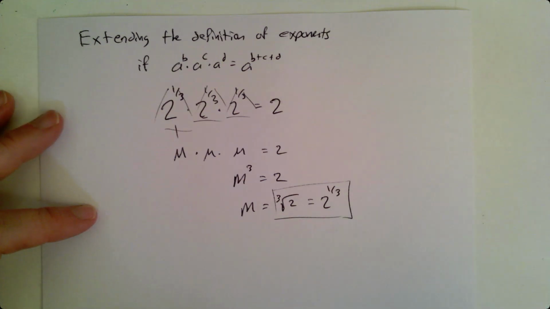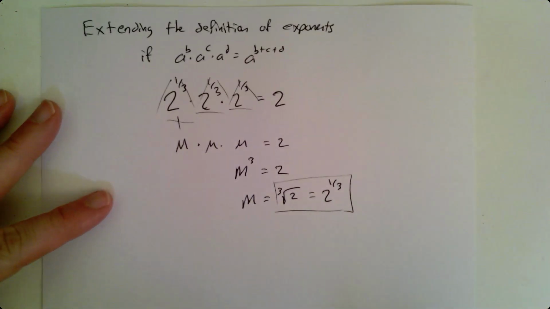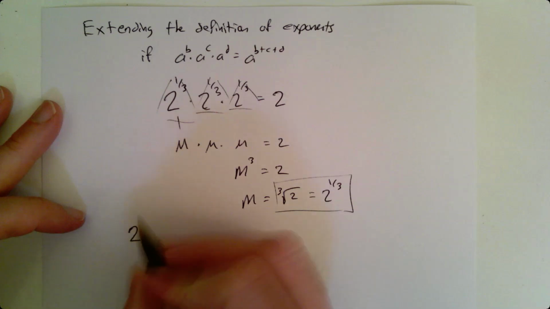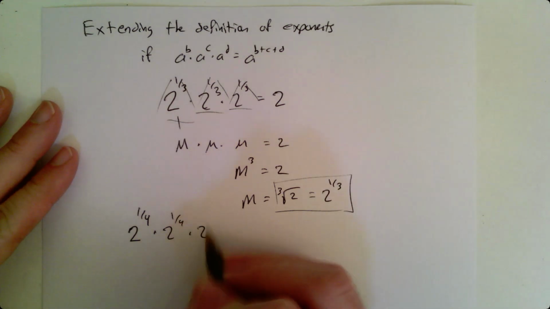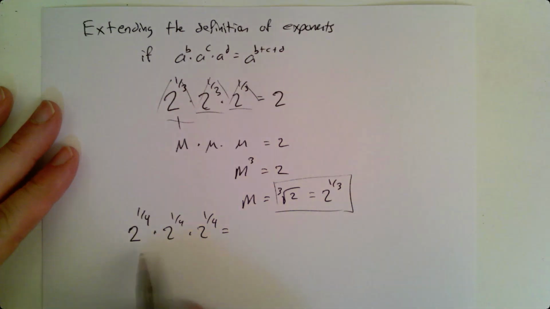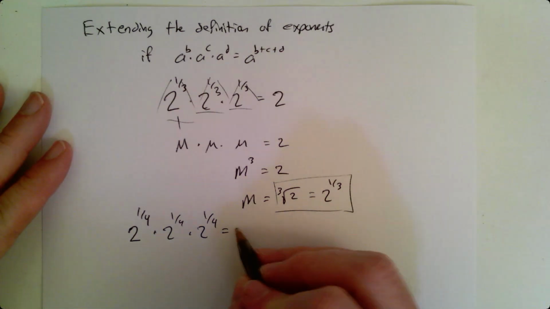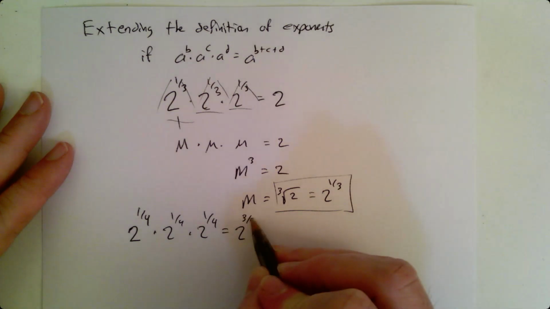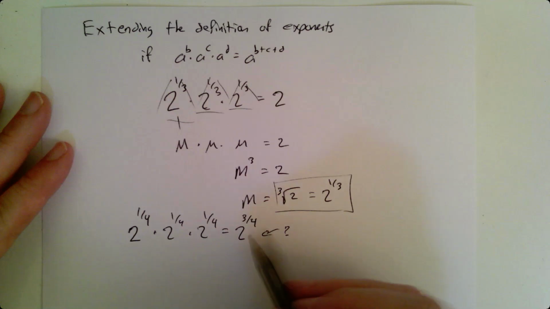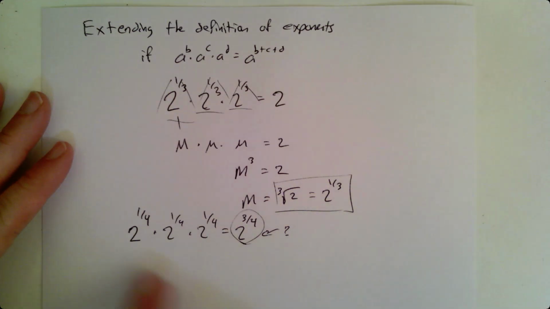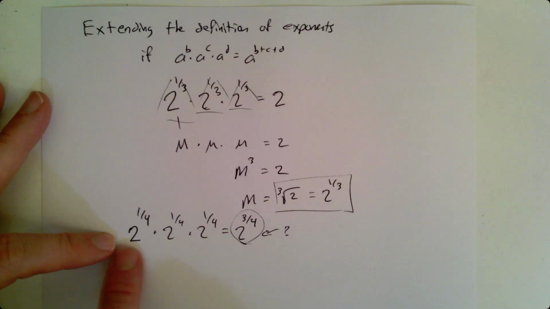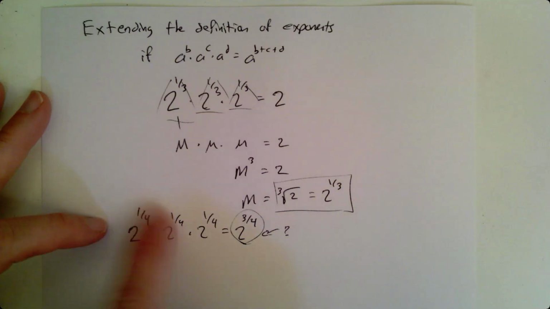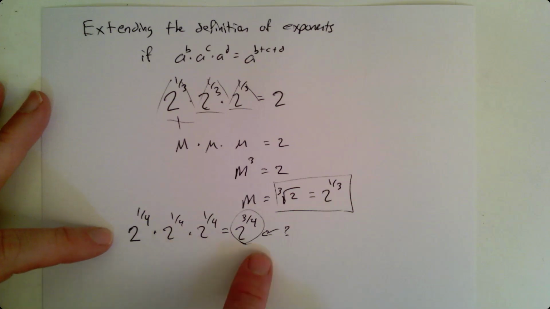Okay, let's make the same argument in general. What if I wanted to assign a meaning to 2 to the 1/4? Well, I couldn't set it up the same way. I couldn't say 2 to the 1/4 times itself 3 times, or I could, but in that case we would end up having 2 to the 3/4, and we don't know how we want to define 2 to the 3/4. So we can't say we have something whose meaning is unclear and we're trying to figure out what it would make sense to assign it by saying this meaningless thing times itself 3 times is a different meaningless thing.